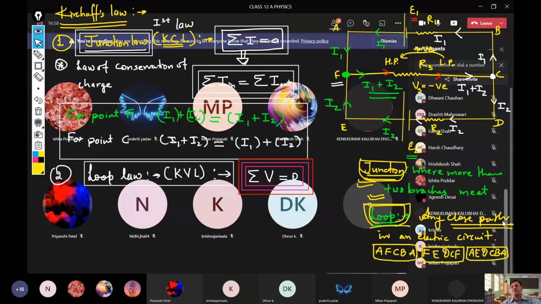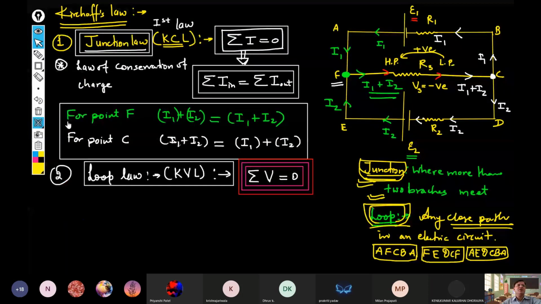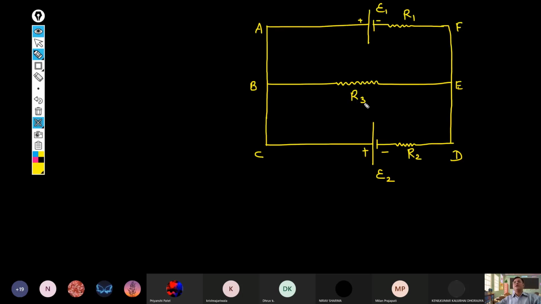Okay, everyone, just note this down so that I can explain the Kirchhoff loop law. I am making it a little bit bigger. First of all, the current in the first branch is coming out from the cell E1, so the same amount of current must enter it.